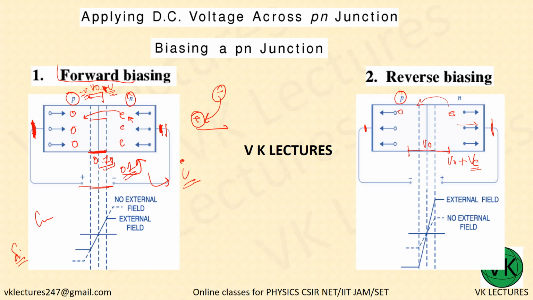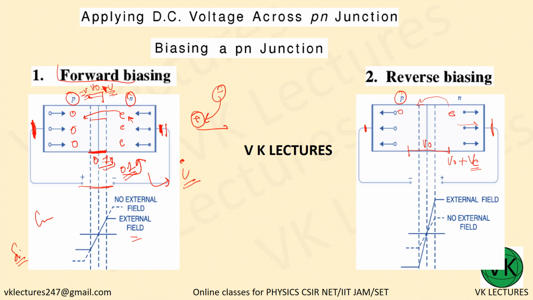Alright. Now coming back to this forward biasing, once we have done this forward biasing and we keep increasing this external voltage, external electric field, more and more electrons will start flowing. Once the electric field is increased, the electrons start moving with a higher velocity. Once it happens, this electron will start hitting the other electron which is covalently bonded.